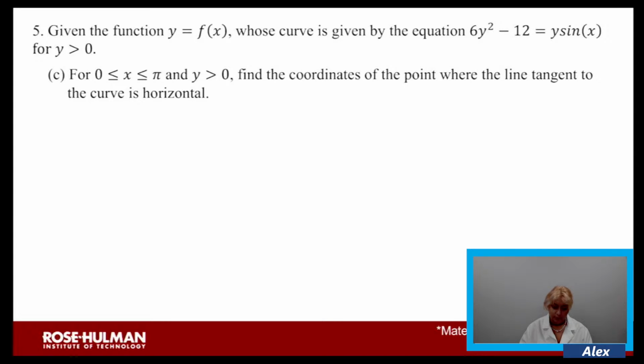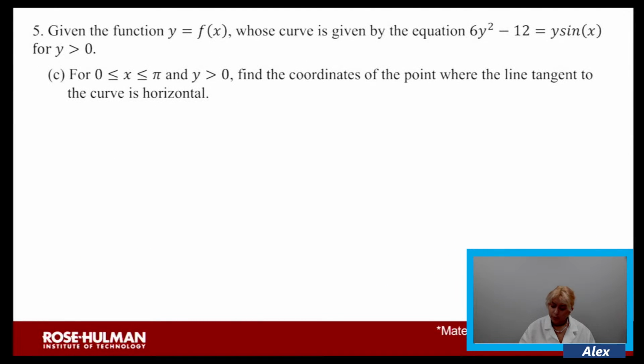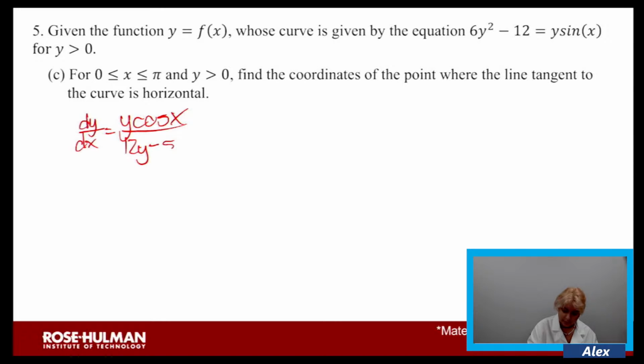So where the line tangent to the curve is horizontal, we know that our dy/dx, y cosine x over 12y minus sine x, I remembered it this time, equals 0 because the line tangent to that is horizontal, so it has no slope. So our slope would be 0.